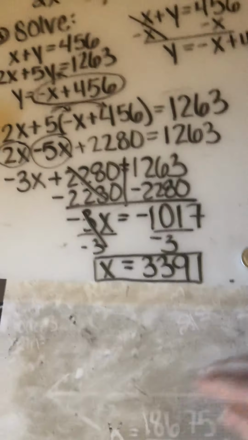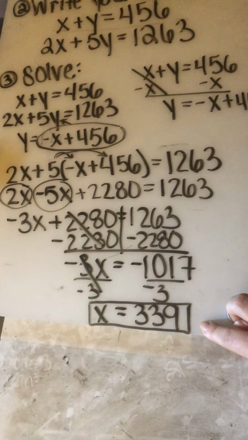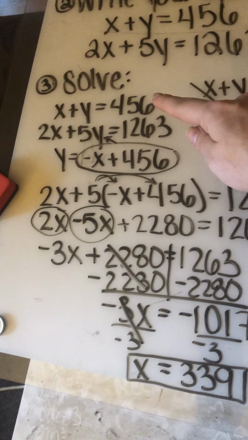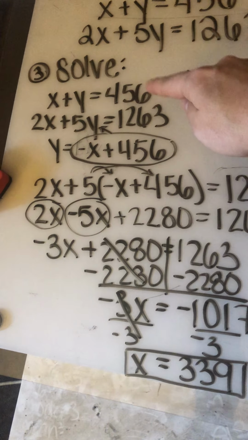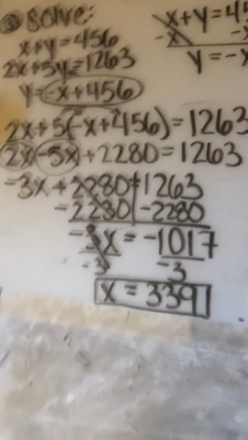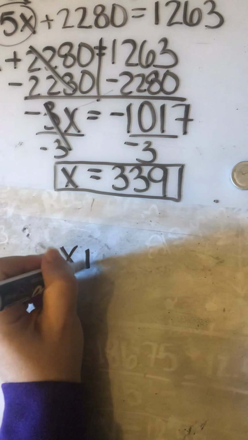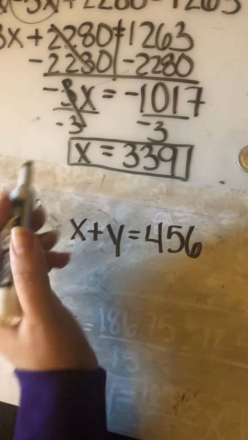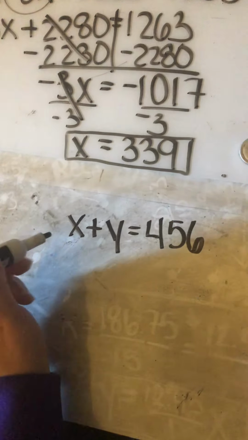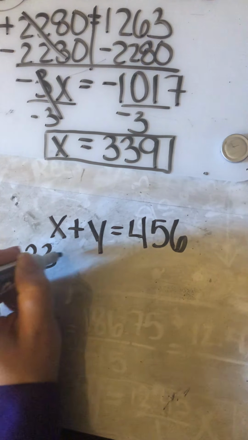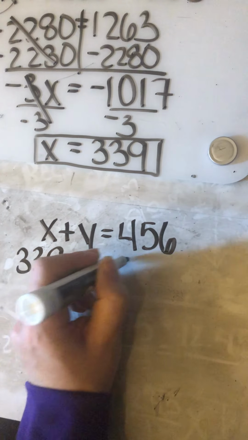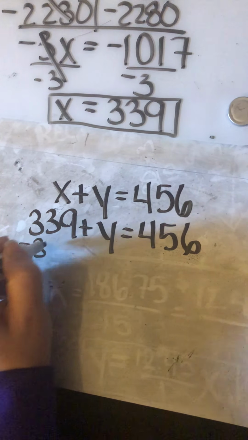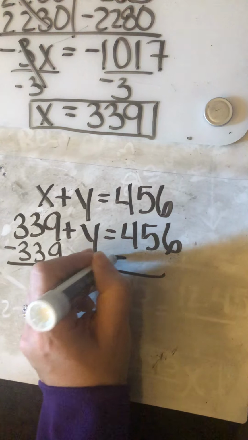Okay, so I now know that x, the student tickets, was 339. I now go back and pick the easier of the equations. So I'm going to pick the top one, x plus y equals 456. And I'm going to plug in what we just solved for x. So x was 339. And to figure out what y is, I'm going to subtract 339 from both sides.